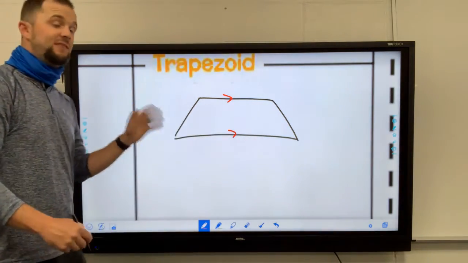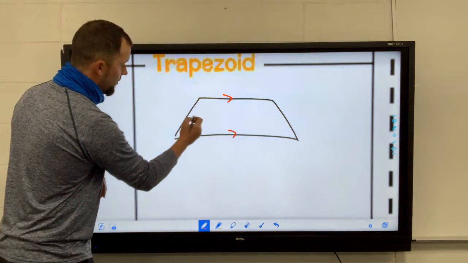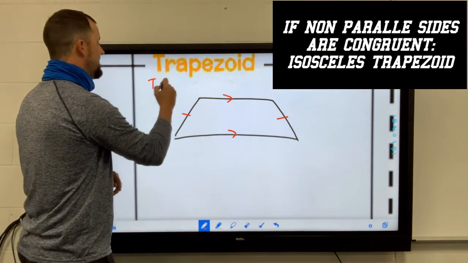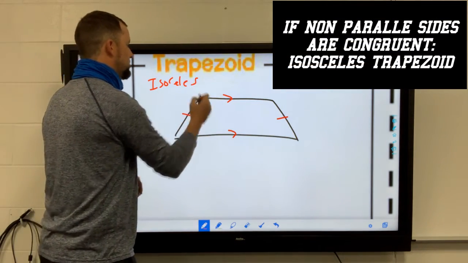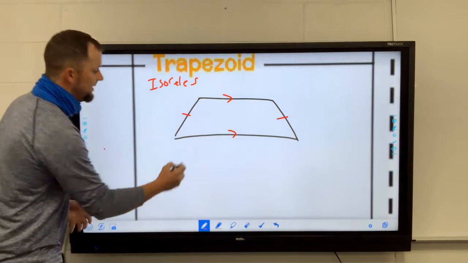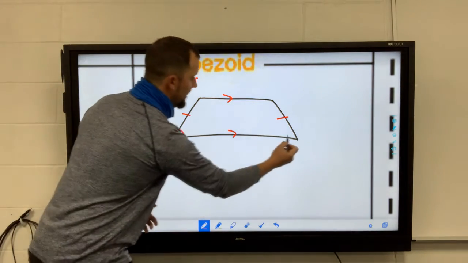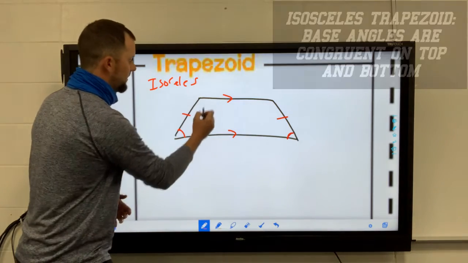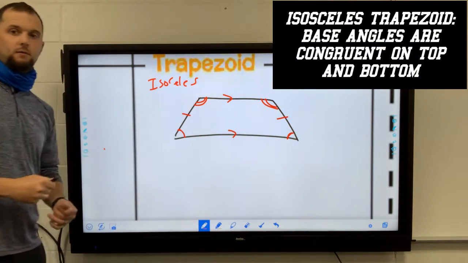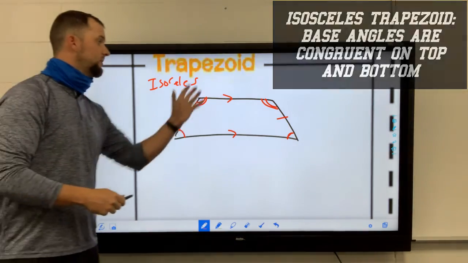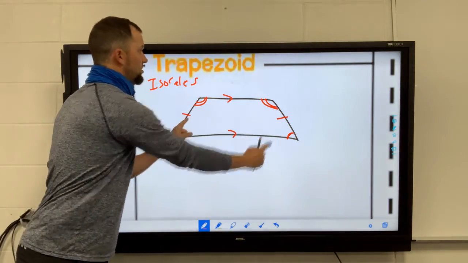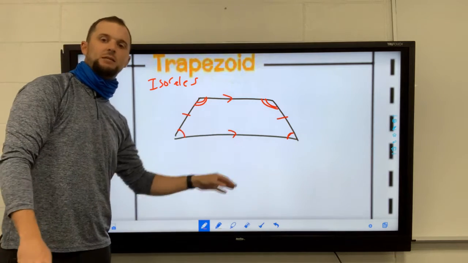But if these two lines over here were congruent, that means this line was congruent to this one, then that would make it an isosceles trapezoid, which gives it more clarification. Then this angle down here is congruent to this angle down here, and this angle up here would be congruent to this angle up here, okay? So ladies and gentlemen, this is the definition of a trapezoid. If these two lines are congruent to each other, then that makes it an isosceles trapezoid.